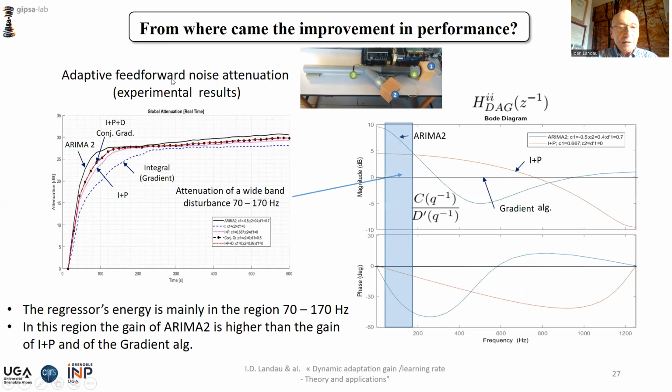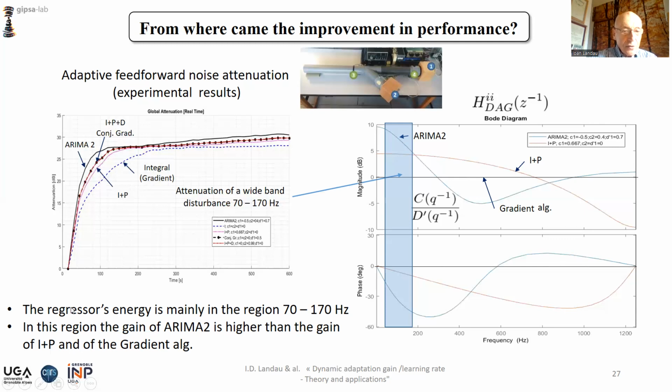And to explain this in a simple way, I have considered the experimental results given for the adaptive feed-forward noise attenuation we have seen previously. We have presented this curve, which illustrates the evolution of the attenuation, and where we have seen that the ARIMA2 is much faster than the gradient algorithm, and that the I plus P algorithm is faster than the gradient, but less fast than the ARIMA2 algorithm.